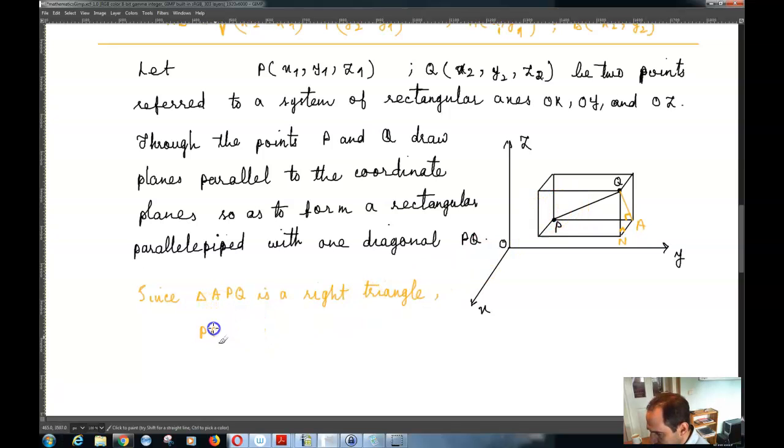So then you can write PQ squared is equal to AQ squared plus AP squared.